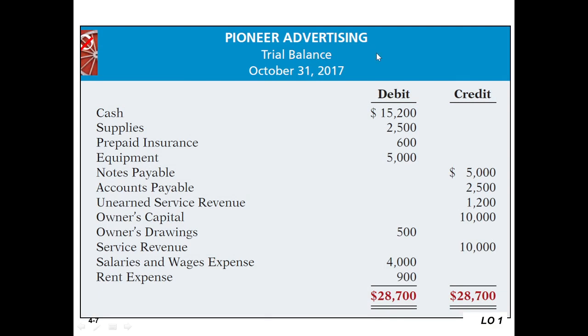This is the Pioneer Advertising trial balance, October 31st, 2017. This is the cash, 15,200. Then supplies, prepaid insurance, equipment, notes payable, accounts payable, unearned service revenue, owner's capital, owner's drawings, service revenue, salaries and wages expense, and rent expense. The total is 28,700 on the debit side, and the credit side is the same.